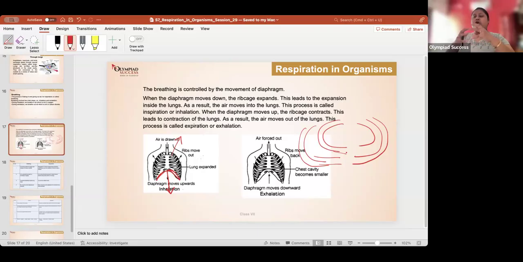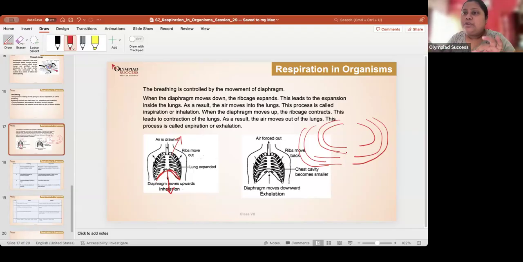When your ribs are lifted up and your diaphragm moves down, your lungs get space to expand. And when your lungs expand, the pressure within the lungs decreases.